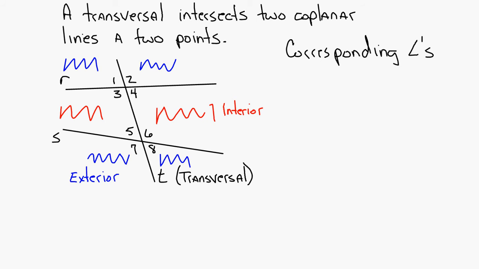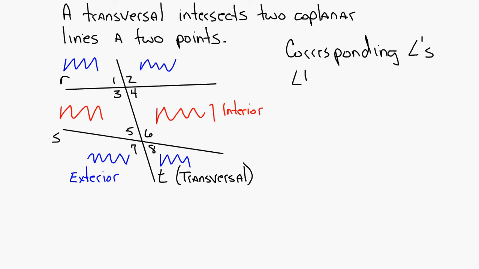Here's what I mean. Where T intersected R, there were 4 angles, agreed? And where T intersected S, there were another 4 angles. Angle 1 holds this top left position, doesn't it? What holds the top left position in this other set of angles? Angle 5. So angles 1 and 5 are called corresponding angles.